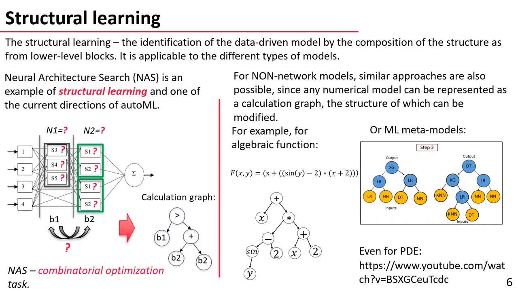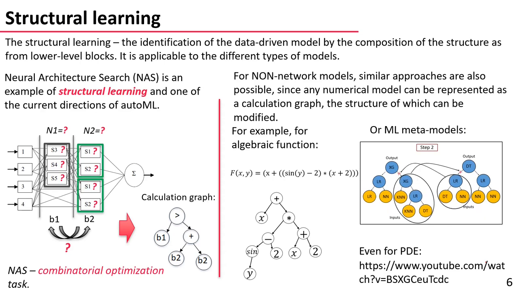It means that the structure of the model can be composed from low-level blocks. This concept is applicable to different types of models. For example, neural architecture search is an example of structural learning for neural networks.